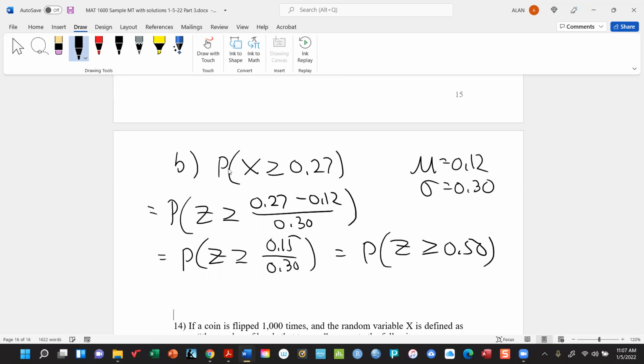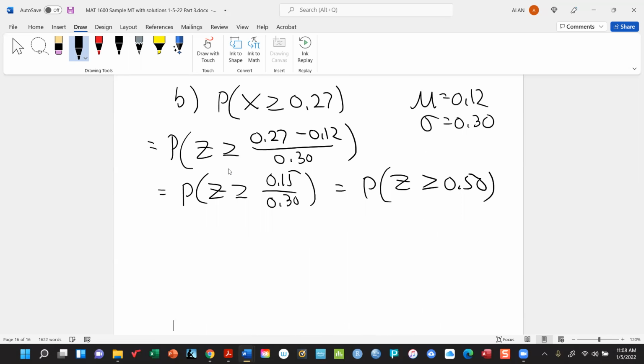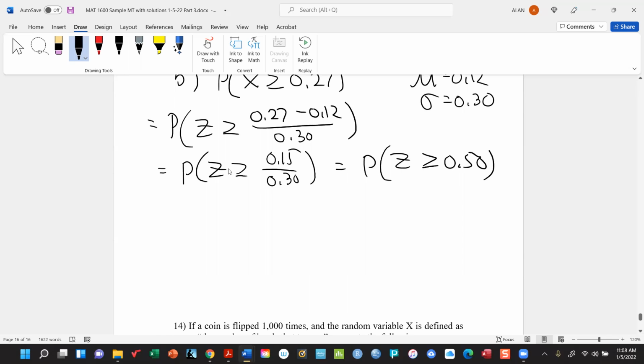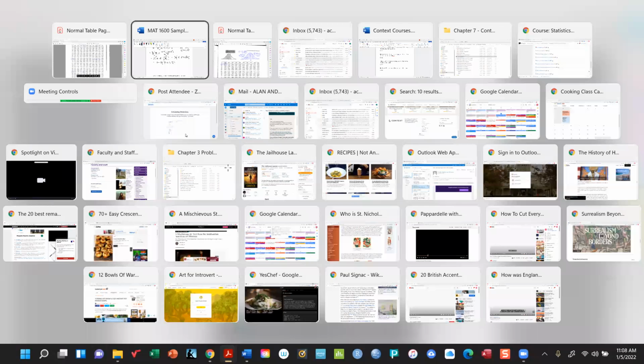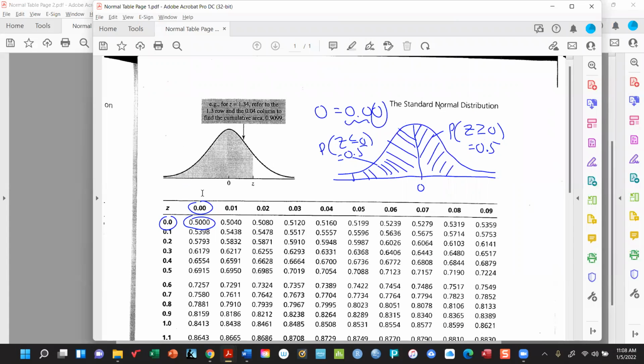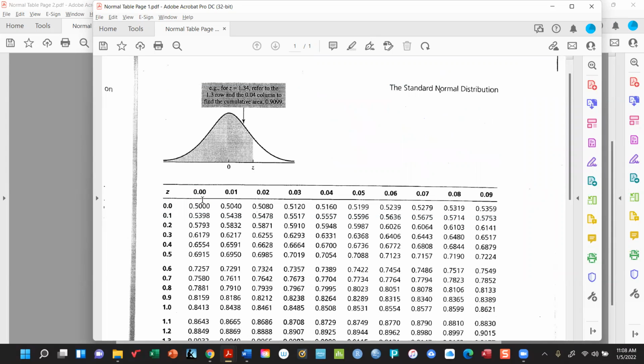All right, so we're looking at more than half a standard deviation above the mean. And as far as the table is concerned, we can rewrite that as the probability that z is less than or equal to a half. So let's go look that up in the table, 0.5. The positive table, that is. And here we go.